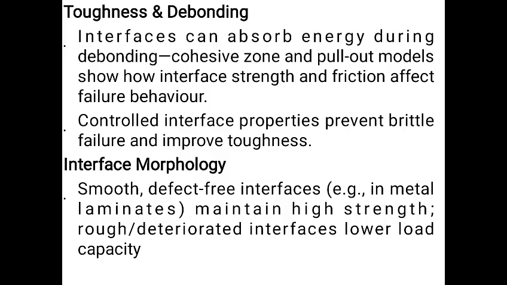Toughness and debonding. Interfaces can absorb energy during debonding, and here we have a cohesive zone that shows how the interface strength and the friction affect the failure behavior. Controlled interface properties prevent brittle failure, that is breakage due to brittleness, and also improve the toughness in the material.